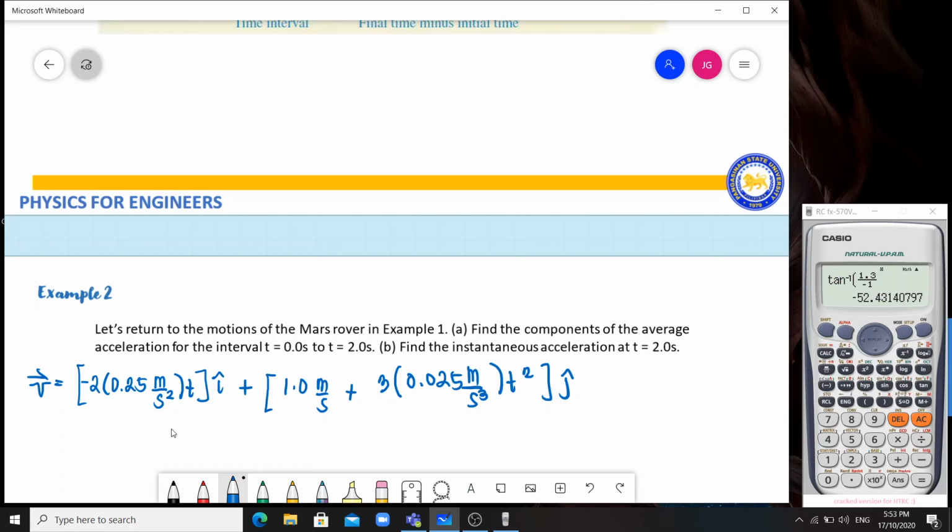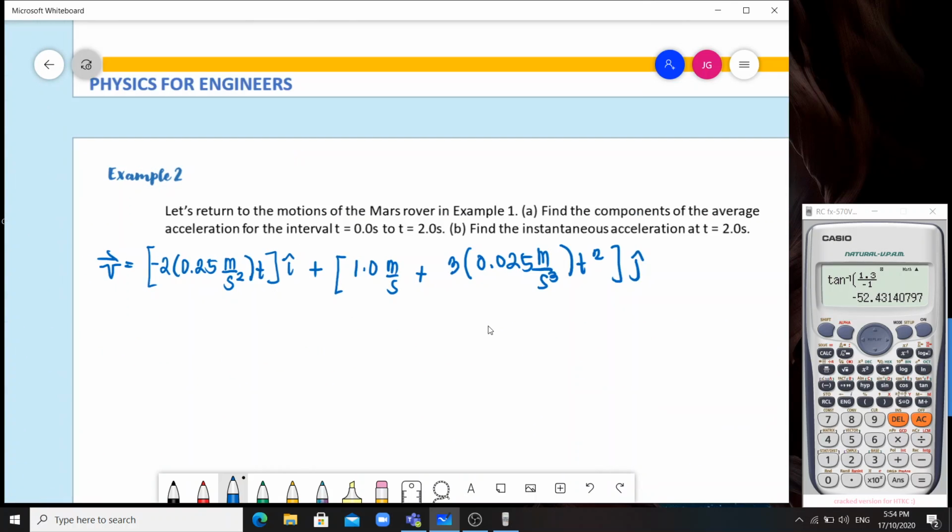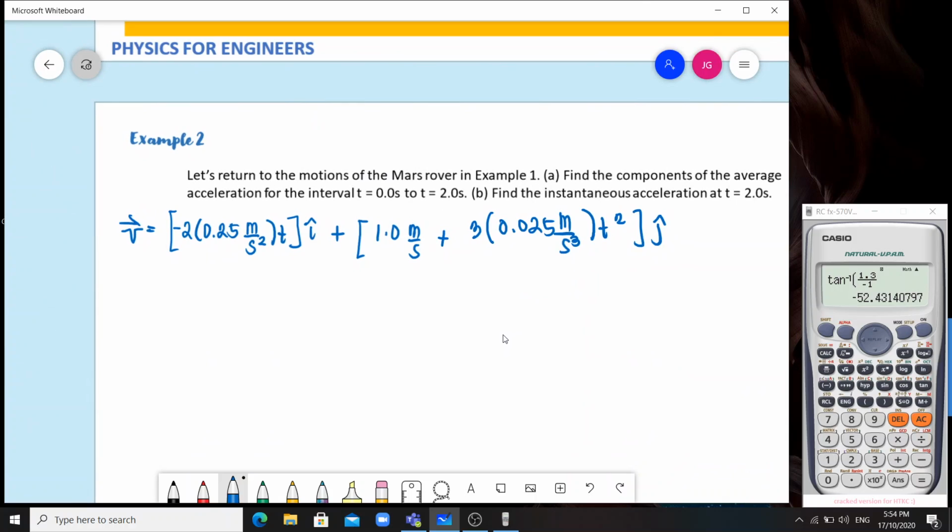So, meron na tayong V. Ang hinahanap naman is the components of the average acceleration. Kung matatandaan natin, average acceleration is equivalent sa delta V over delta time. So, kunin muna natin ang velocity at 0 seconds. Palitan lang natin yung t ng 0.